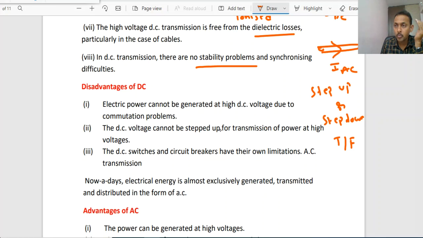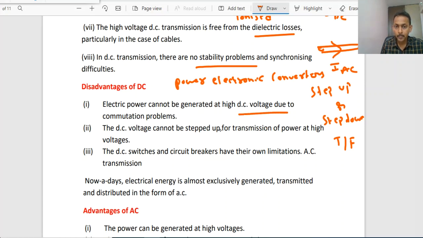If you want to boost the voltage or buck the voltage, separate power electronic converters are required. So the transformer cannot do this purpose as it is the DC supply. So this is one of the major drawbacks. And the power cannot be transmitted at high voltage levels.